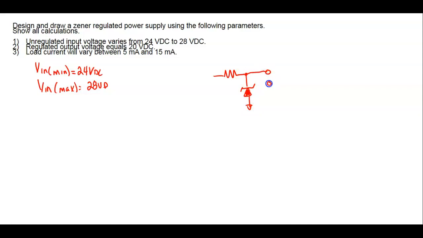And then we'll take our load right here. Our load is going to be equal to 20 volts DC, 5 milliamps through 15 milliamps. And then VN is going to be 24 volts to 28 volts.